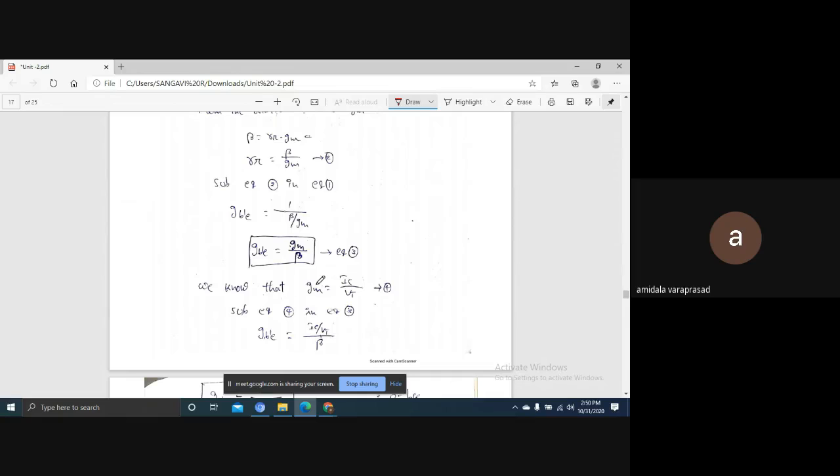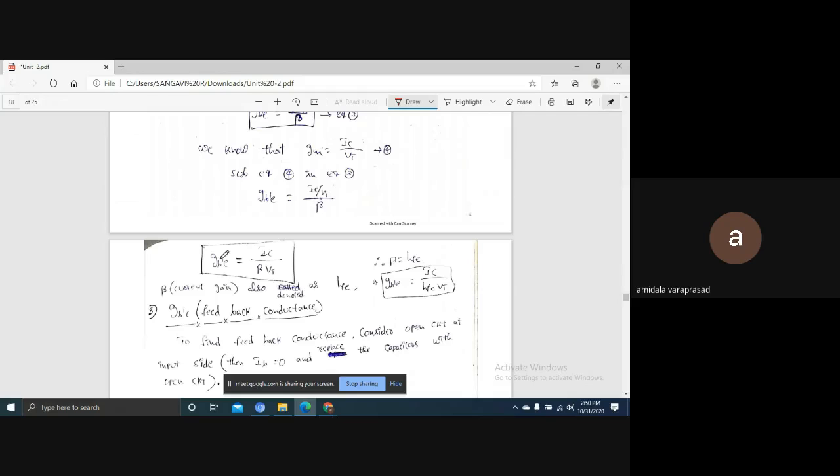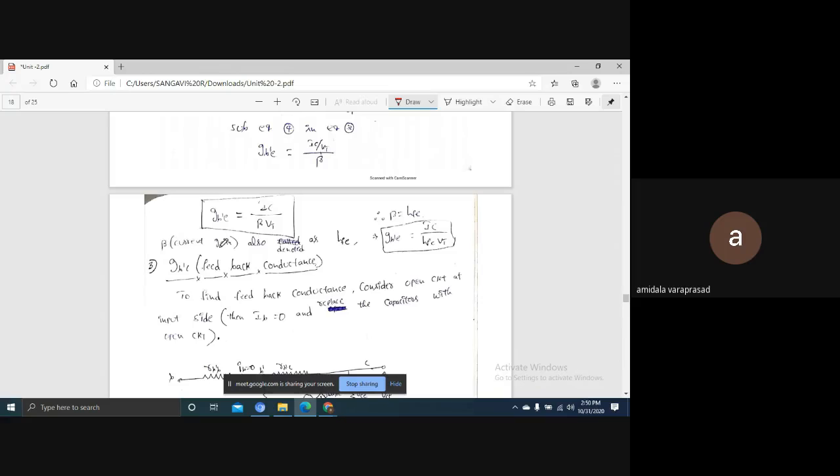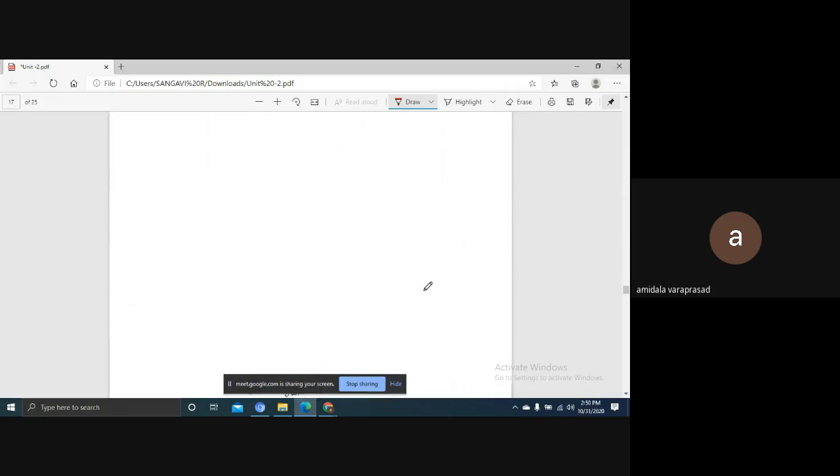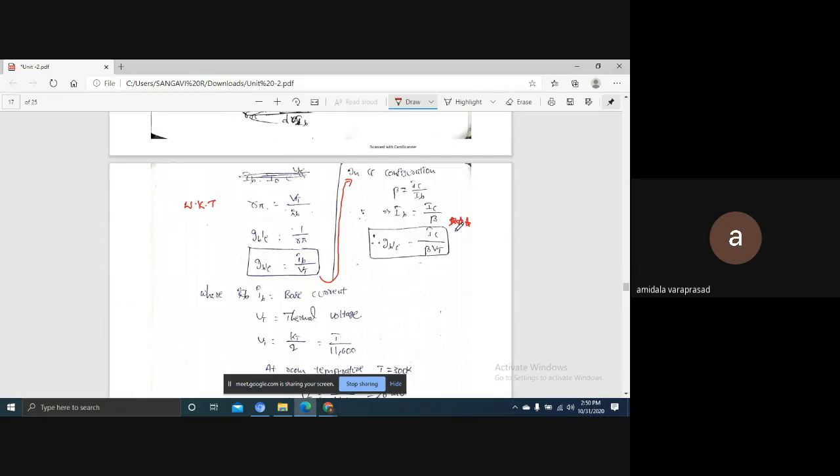Now we know that GM is equal to IC by VT. In place of GM we can write IC by VT, then divided by beta, so G dash is equal to IC by beta into VT. Beta is also called HFE, the forward current gain. So G dash is equal to IC by HFE into VT.